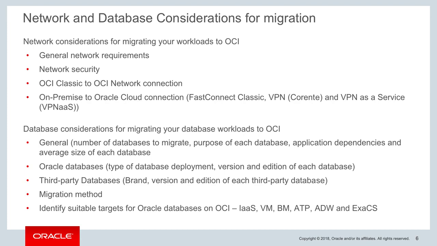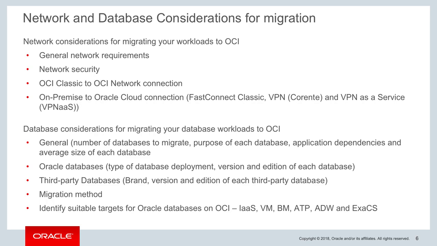Then you create an inventory of third-party databases that you have deployed on OCI Classic and list out the brand, version, and edition of each third-party database. You'll then create a migration method for each of these databases that you're looking to migrate from Classic to OCI.